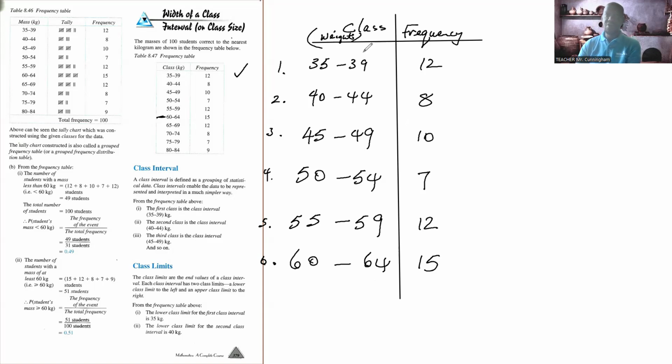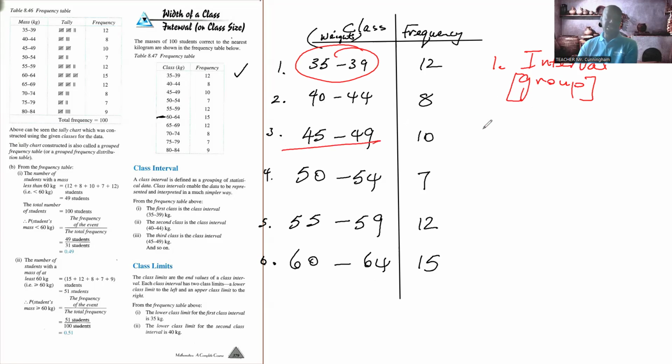Now the first group, Theodora, we call that the class interval. It's the first group. The third group is a third interval.